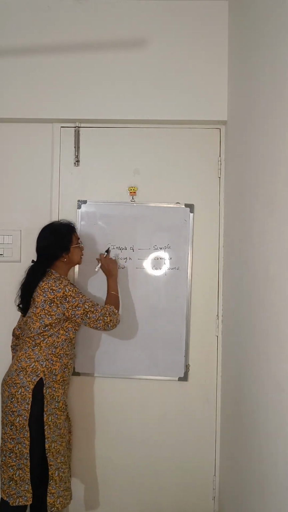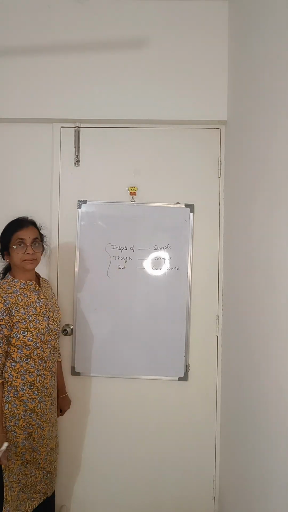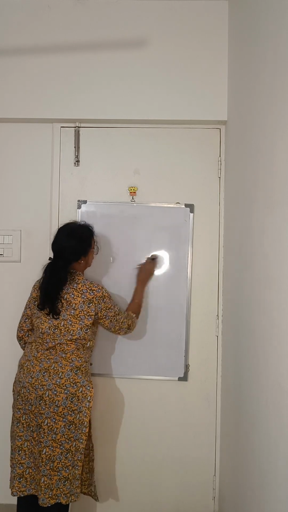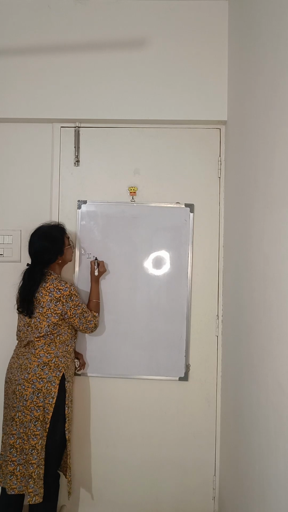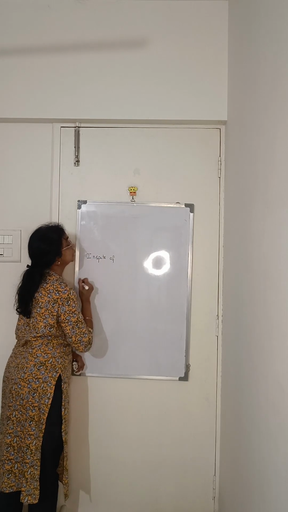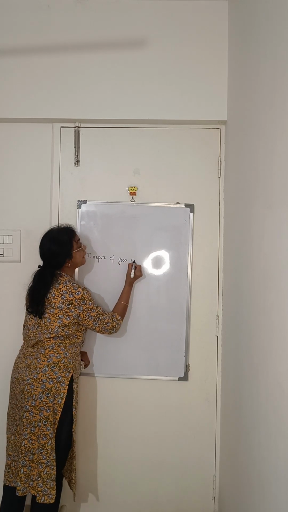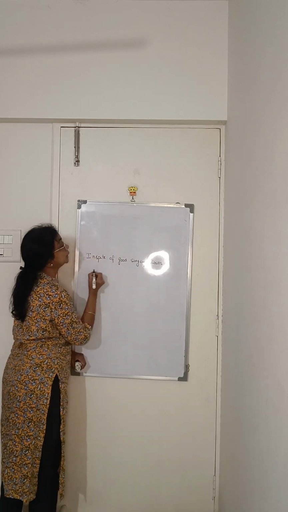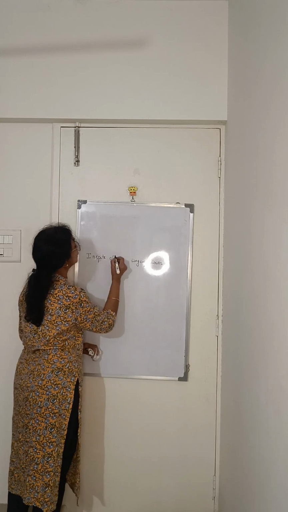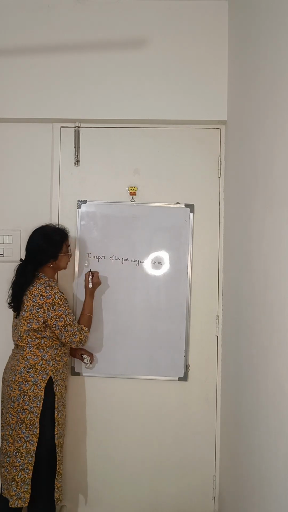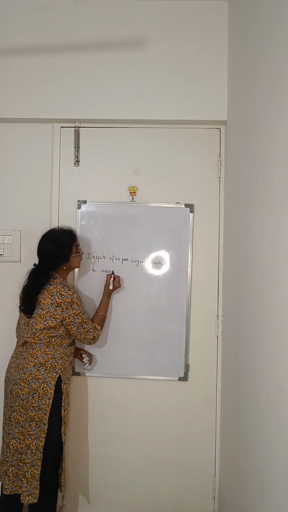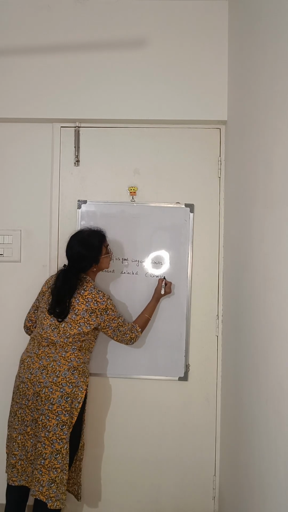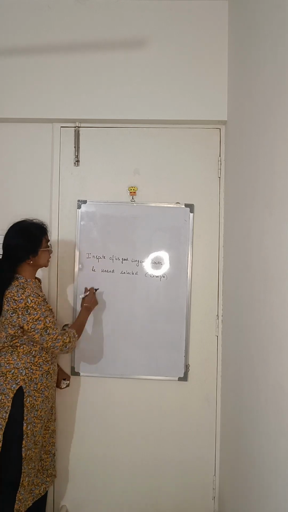In spite of comes in simple, though comes in complex as a conjunction, and but in compound. Let's see: in spite of his good singing skills, he was not selected. This is a simple sentence.